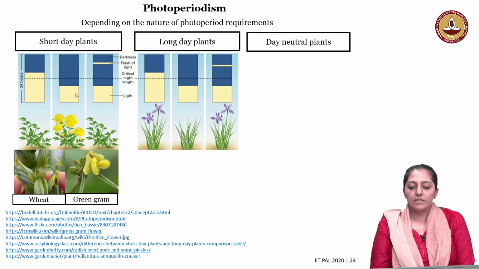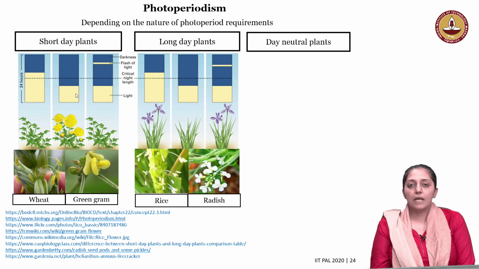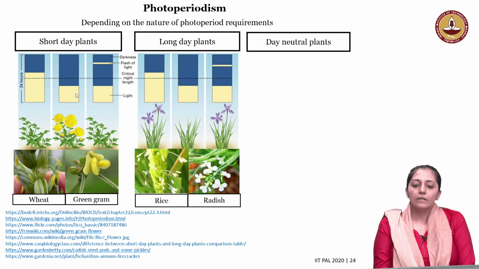In long day plants, like for example rice and radish, a longer duration of photoperiod is required, and if the photoperiod or the light illumination period is less, then it may impact the flowering.